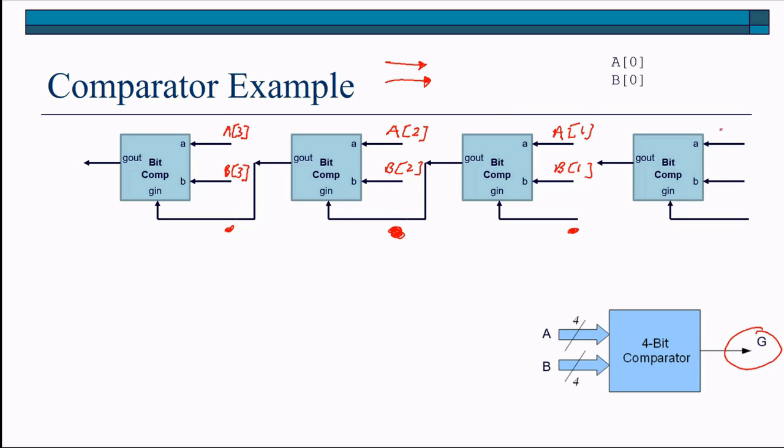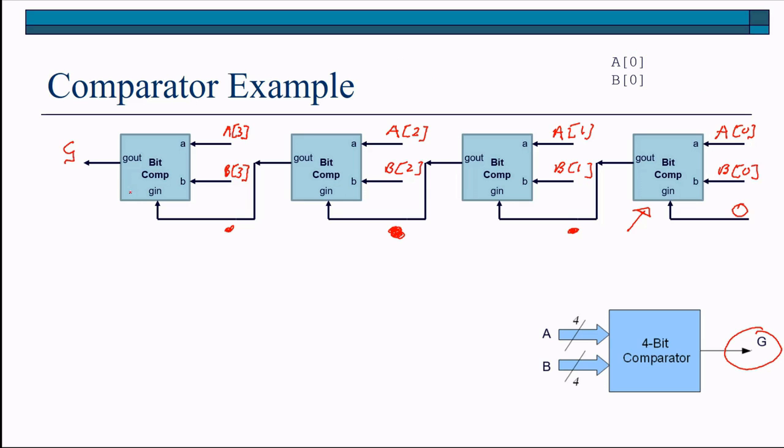And we do that by providing A0 and B0 as the two inputs. And because we've no bits left here, we just provide a 0 as the input to GN. And the output of this block now feeds into the input GN of the next block. So what we've done is we've built up our 4-bit comparator using 4 single-bit comparators. And this provides us with our output G.